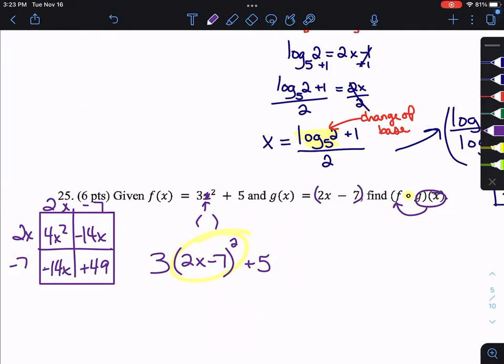So when I fill that, I'm going to have 4x squared, negative 14x, negative 14x, and positive 49. So combining like terms, 4x squared minus 28x plus 49. Don't forget to bring down the plus 5.